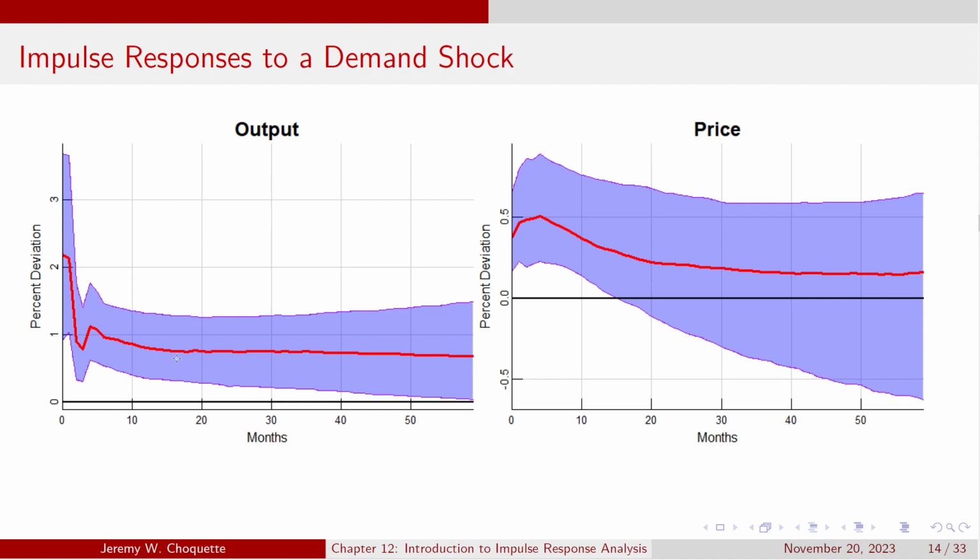That's where these little blue bands above and below the impulse response function come in. If the bottom of this band is above 0, well then we can say that there's pretty decent likelihood, statistically speaking, that we had an increase in this particular variable.